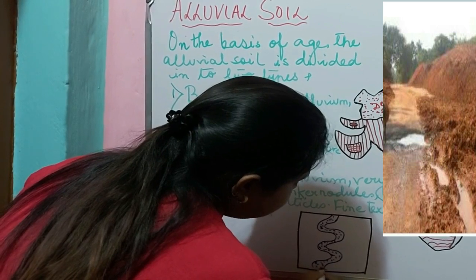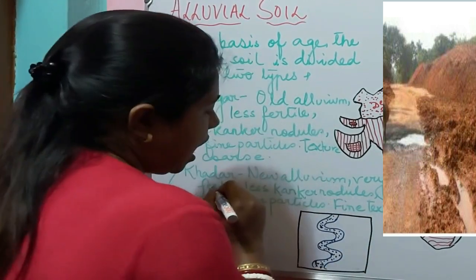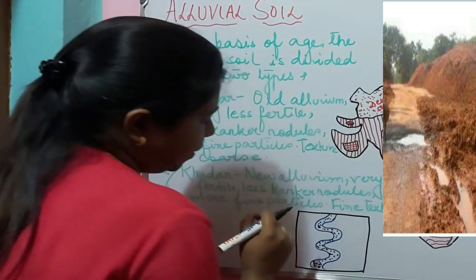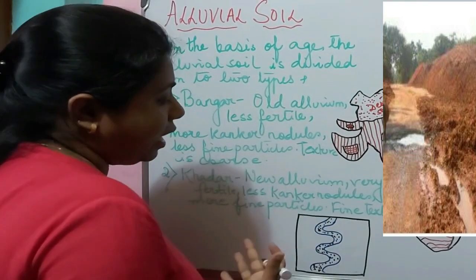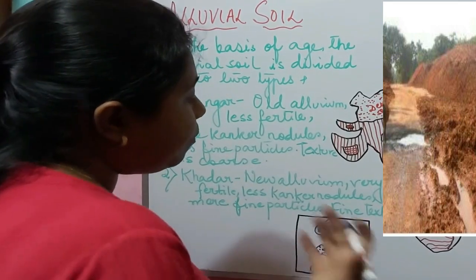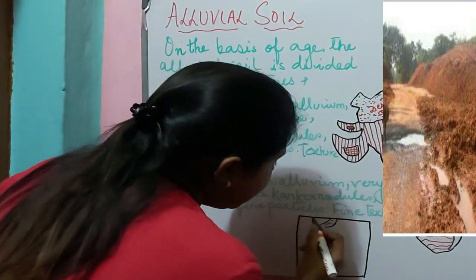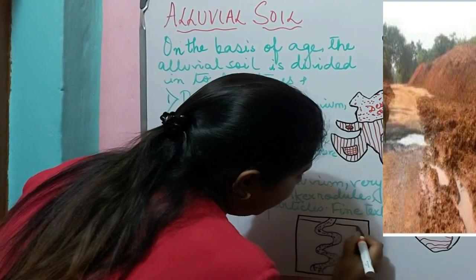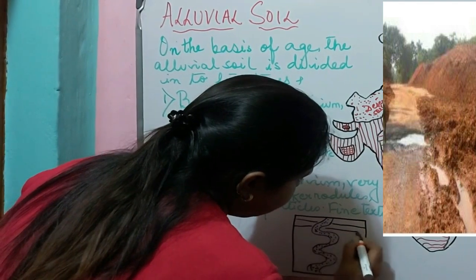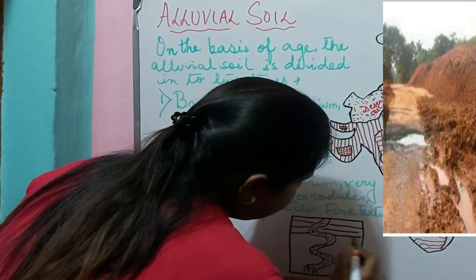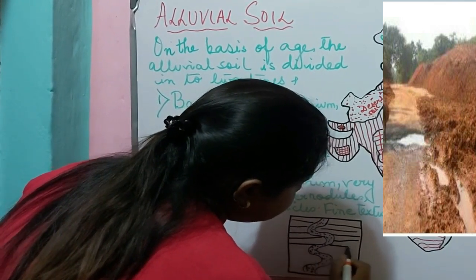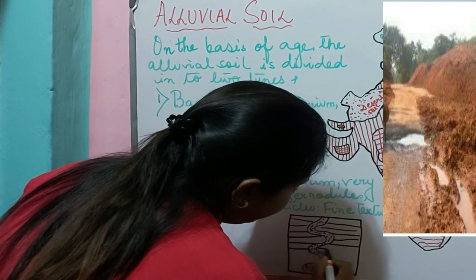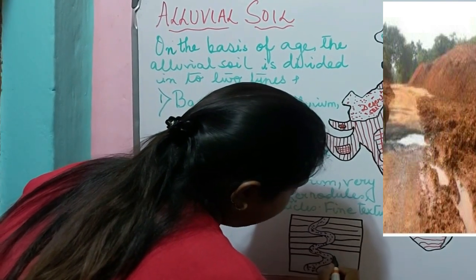Now these sediments are referred as alluvium. And how do the sediments get deposited? What happens every year when it rains very heavily? Now the river cannot hold water beyond a certain level. So what happens? The water overflows the river bank and gets spread. What gets spread? The sediments which are brought by the river.